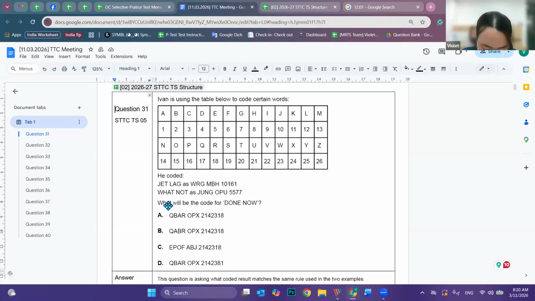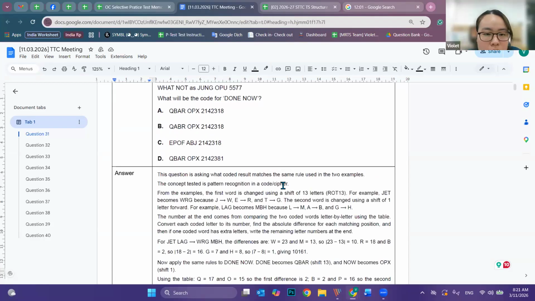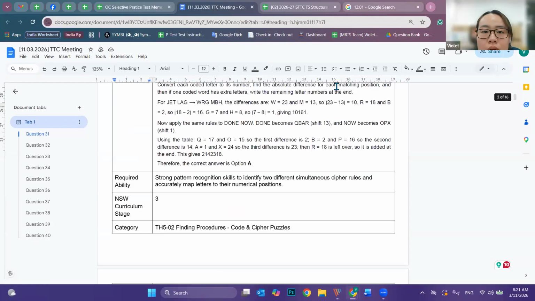For the last word, if there is an extra letter, we need to write the remaining letter's number at the end. So R would be 18. So option A is the correct answer.